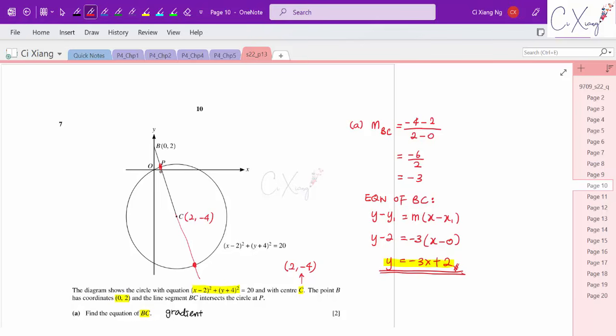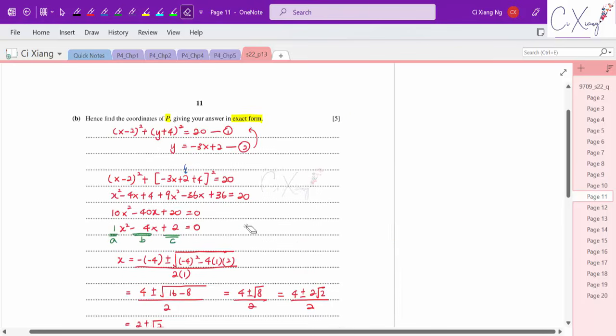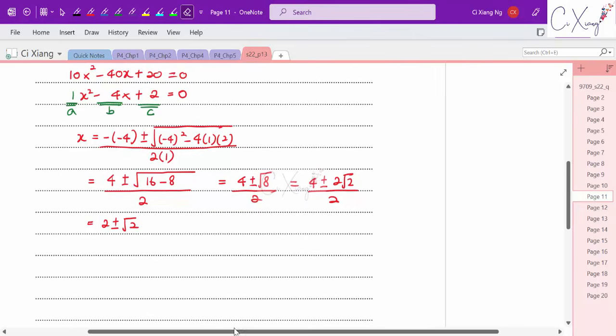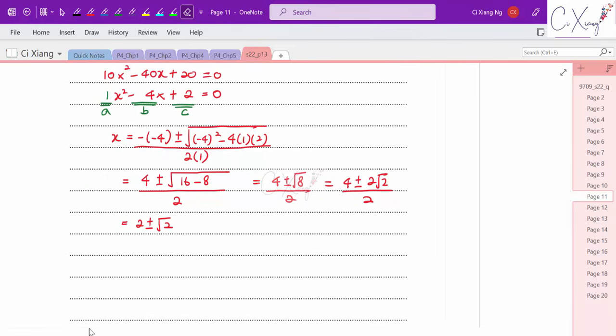If you compare, P has the smaller value for the x coordinate, and this second intersection point has the larger value for the x coordinate. Therefore, you can decide that the x coordinate for P is the smaller one, which is 2 minus square root 2.